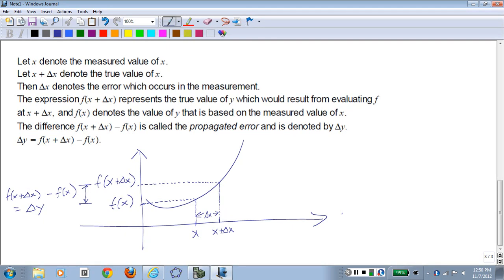Now, generally, it may be difficult to calculate the value of f of x plus delta x minus f of x. So what we want to do is approximate that using dy. So we have our function, y equals f of x, and we take the derivative at x, and we come up with the slope of the tangent line, f prime of x. There's the tangent line.